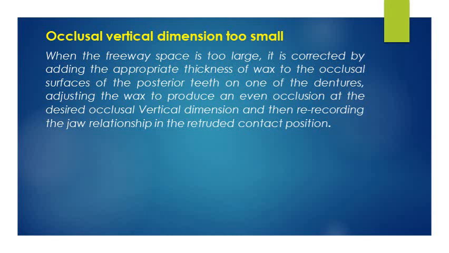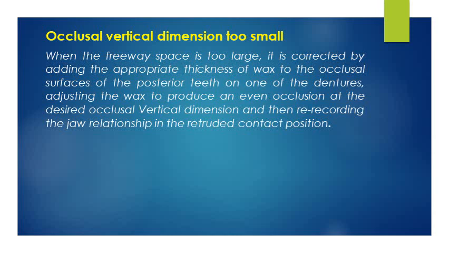So in case the freeway space is large, it is corrected here, so we have spaces between the teeth. So in this case, we look in the patient's mouth to see whether the vertical dimension is good or not good, or too small. Occlusal vertical dimension too small means there is a space between teeth.